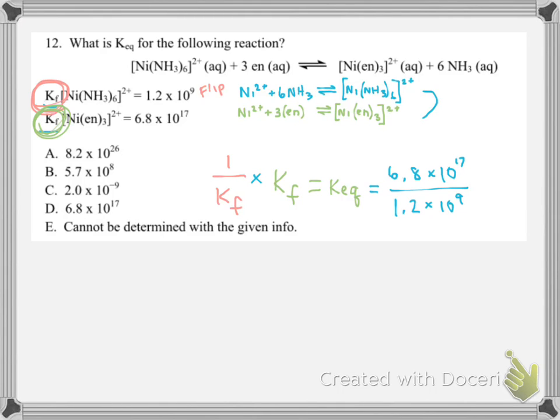Okay, and so that ends up being answer choice B, which is 5.66 times 10 to the 8th. Okay, so again, a big K, any K greater than 1 is going to be products favored.